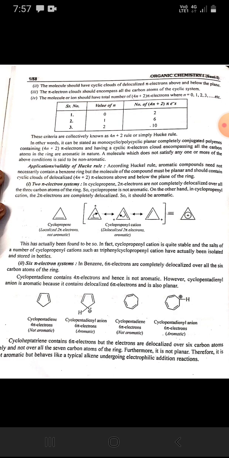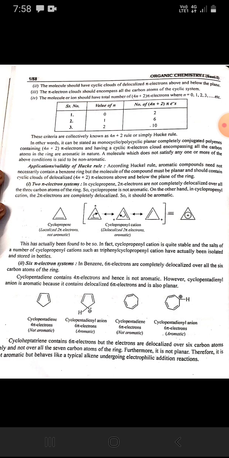Application or validity of Huckel rule. According to Huckel rule, an aromatic compound need not necessarily contain a benzene ring, but the molecule of the compound must be planar and should contain a cyclic cloud of delocalized 4n plus 2 pi electrons above and below the plane of the ring. 2 pi electron system: in cyclopropene, 2 pi electrons are not completely delocalized over all the 3 carbon atoms of the ring.